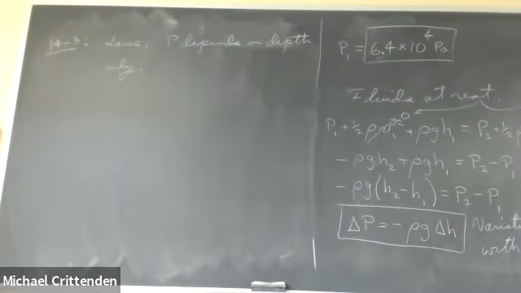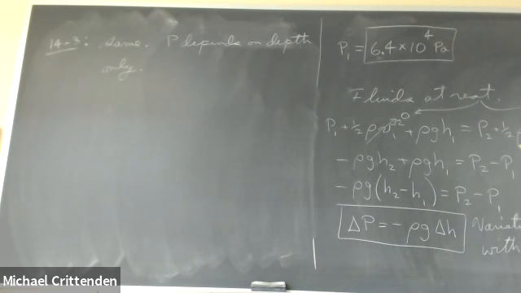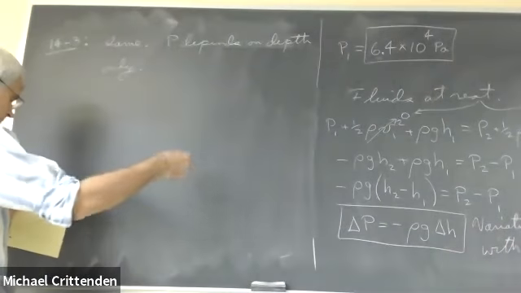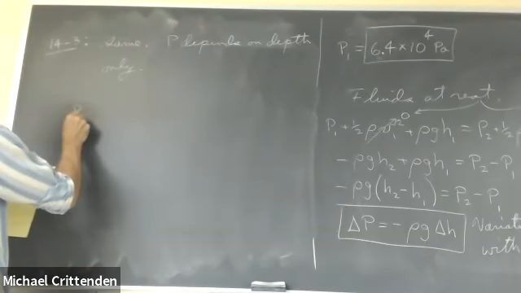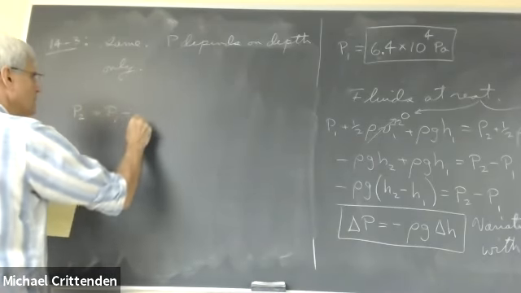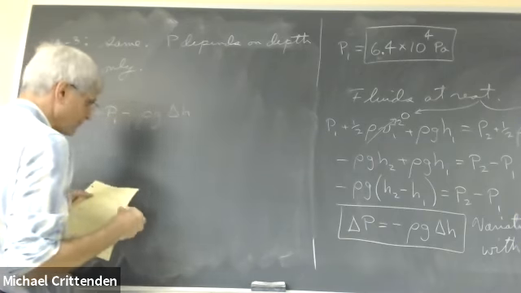Next, we come to Pascal's principle. And it says over there, well, let me justify it, and then maybe I'll point you at the thing over there again. But we had, like in the previous example, P2 equals P1 minus rho g delta h.